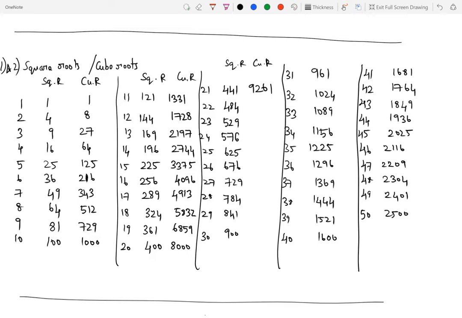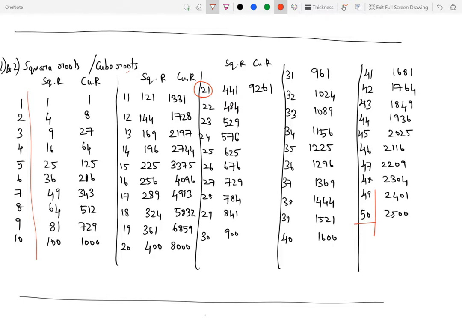In the square roots and cube roots section, just write the numbers from 1 to 50 and their squares. It is necessary that you write the squares up to 50 and you should know the cube roots up to 21, minimum of 21. Here I have written the minimum of 21.